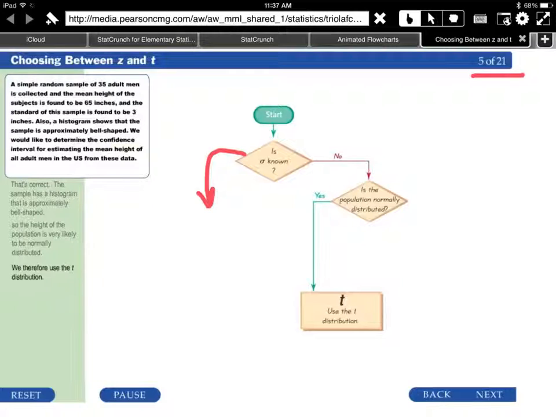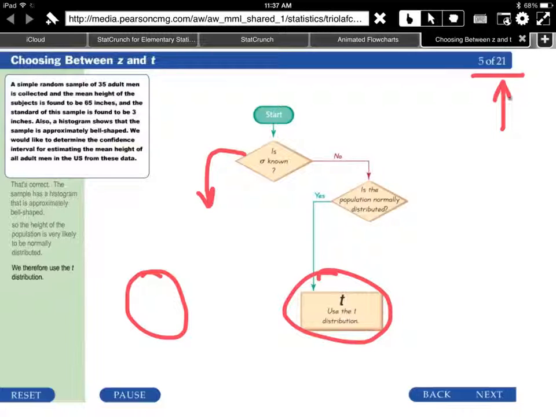So you'll either use Z if the requirements are met, or you'll use T, and this flowchart is an excellent way to go in and out of practicing. So definitely please check out the remainder.